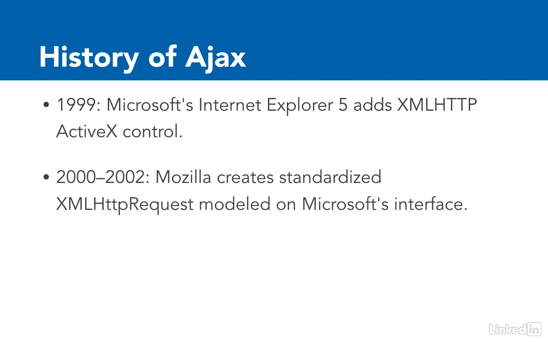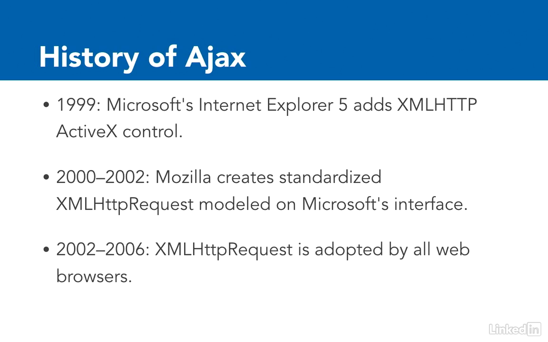Between 2000 and 2002, Mozilla created a standardized XMLHttpRequest object that was modeled very closely on Microsoft's interface. And it was this standardization that became adopted by all web browsers between 2002 and 2006.